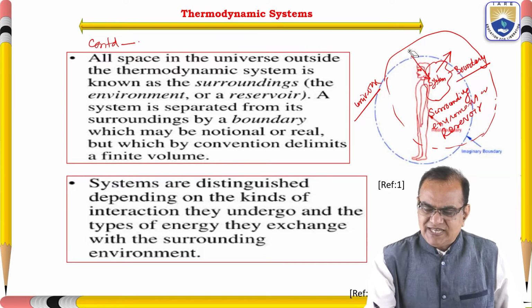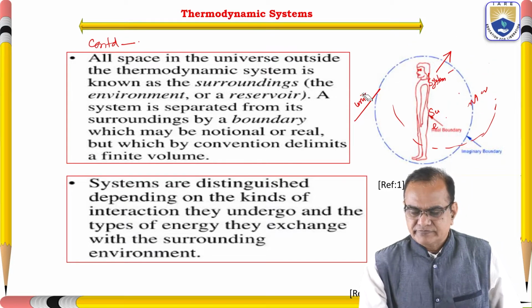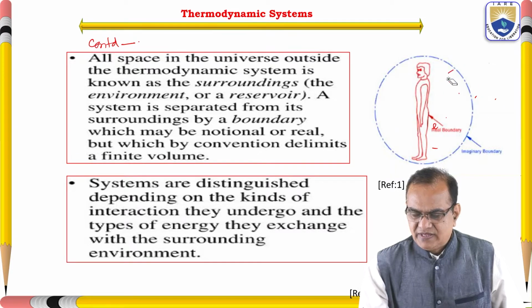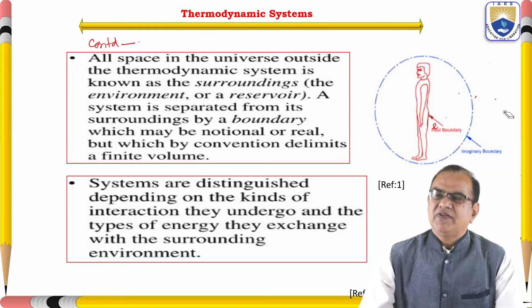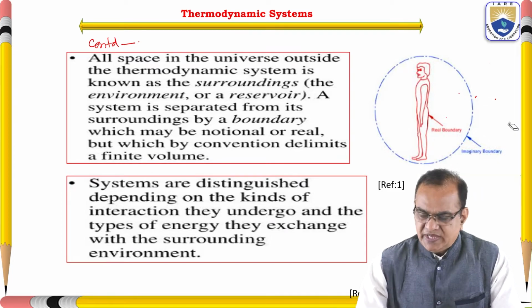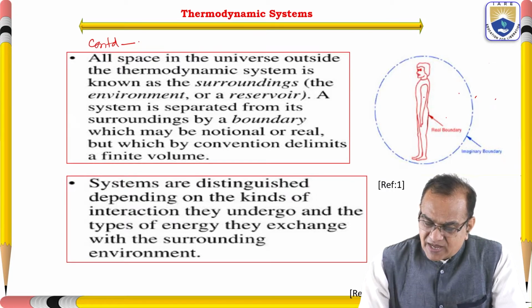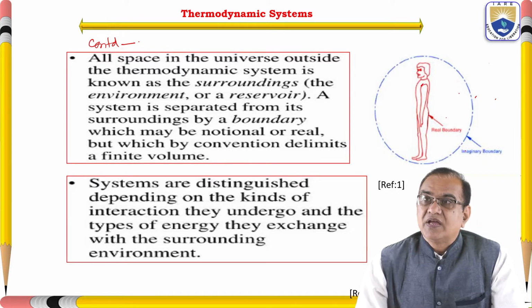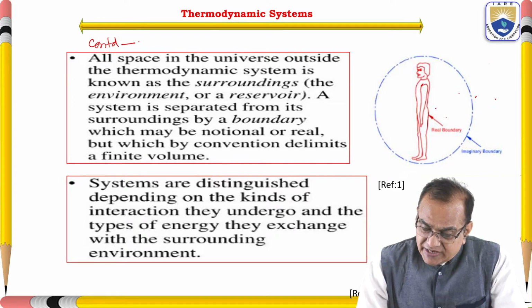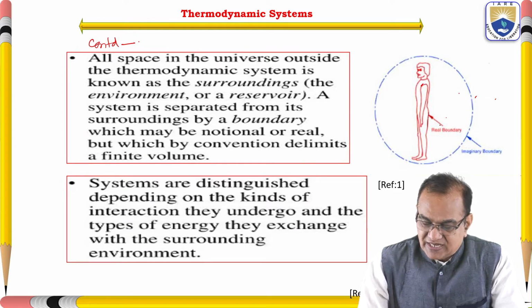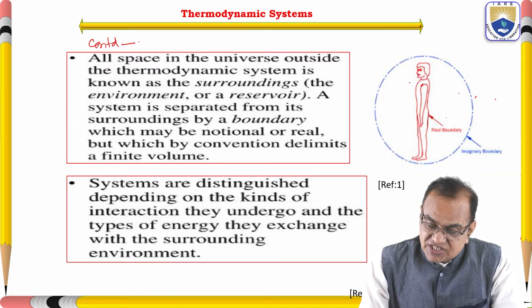So you can see here a human body. All parts of the body are your system here, and this is the imaginary boundary. Actually your real boundary is your body part, your skin, but some heat is generated and this heat may be going up to here.